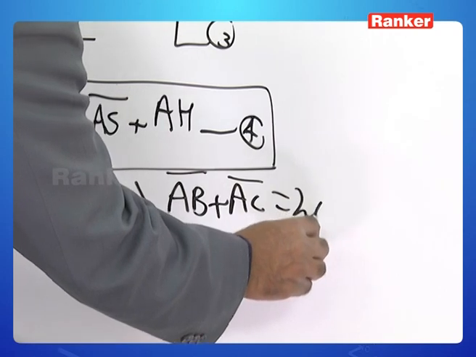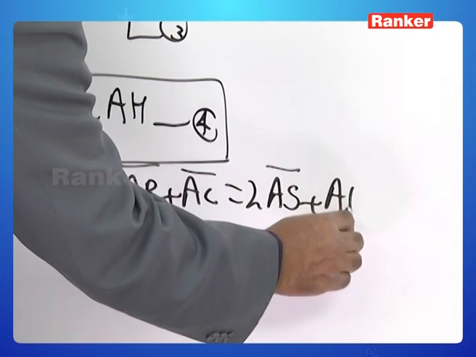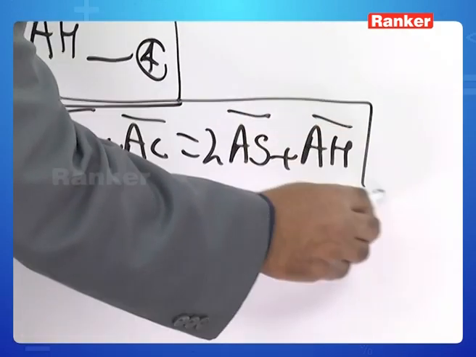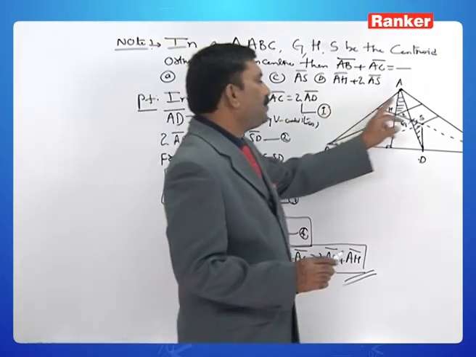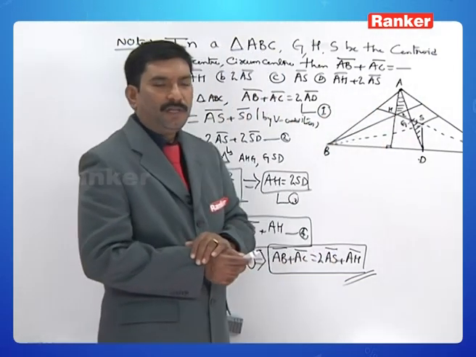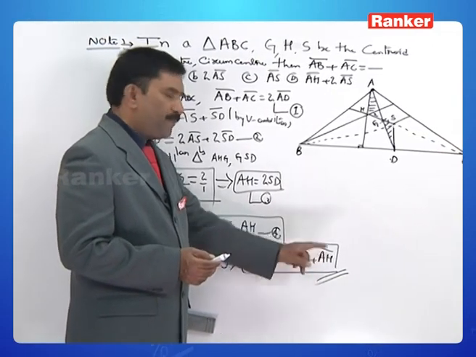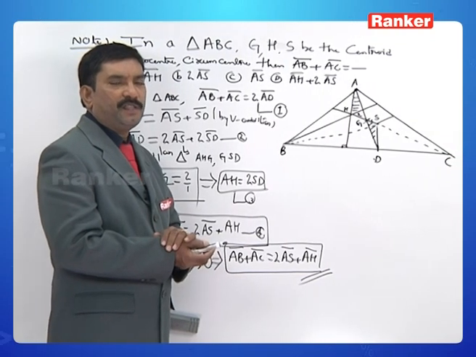Therefore, 2 into AS bar plus AH bar. Yes, we have proved the sum of these two sides can be written as 2 into AS bar plus AH bar.